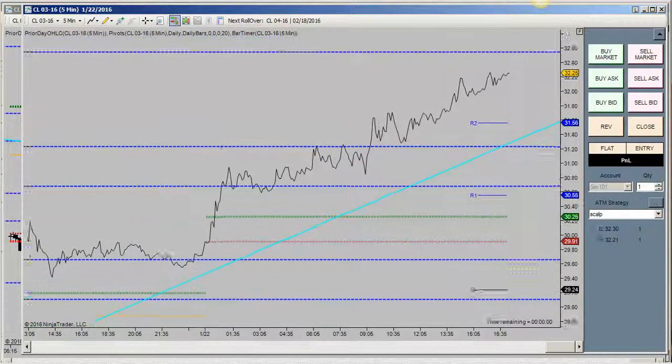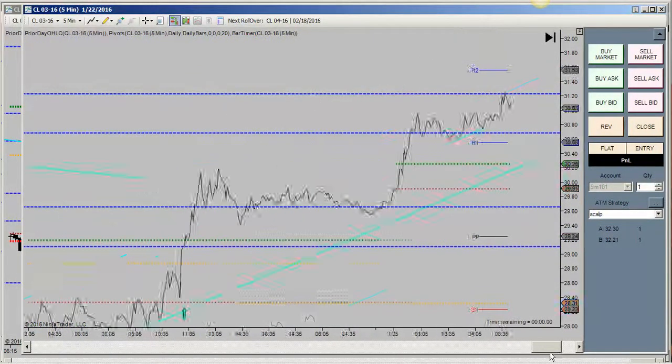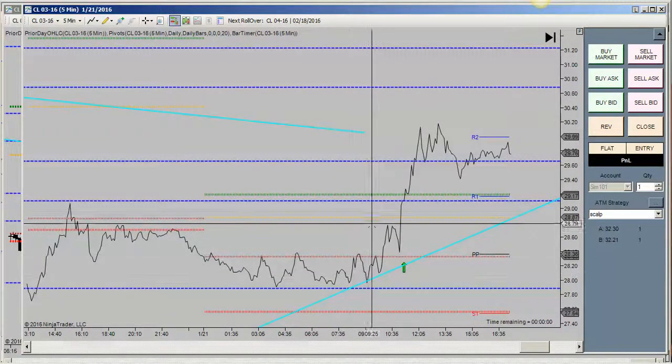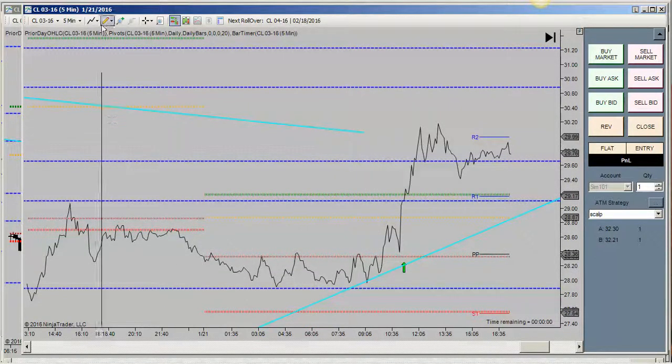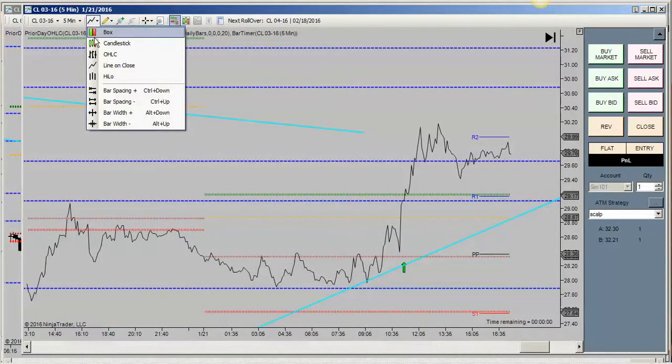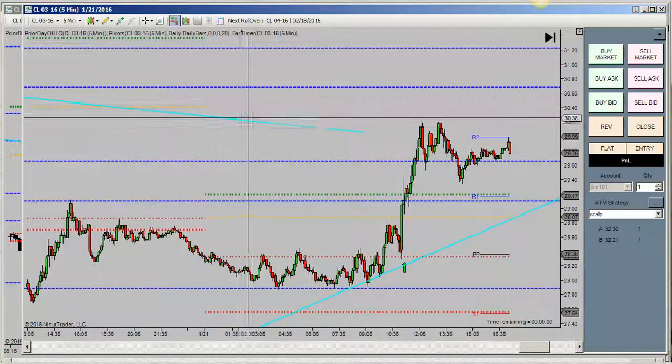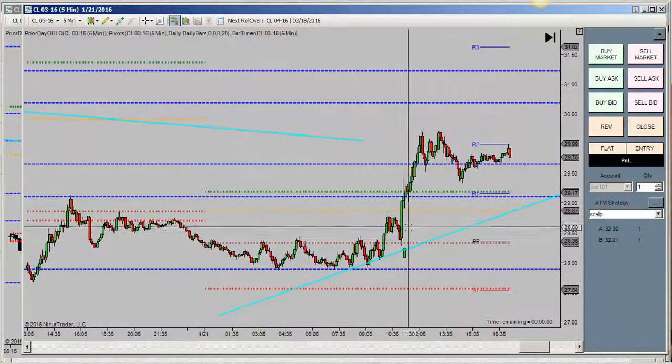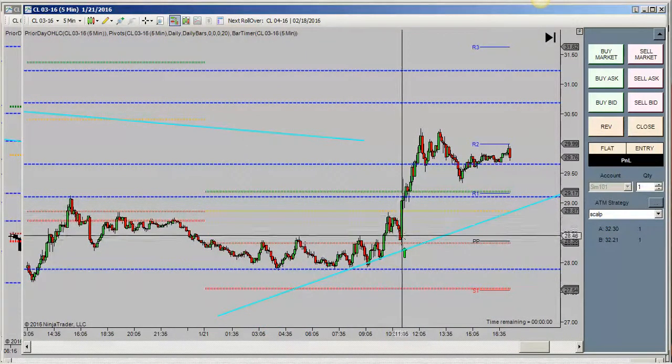Okay, this is the line chart. On a 5-minute, we're going to convert it to a candlestick chart, and you can see on the 5-minute, it still was a pretty large candle, moved a great deal in 5 minutes, but you could have scaled into it.